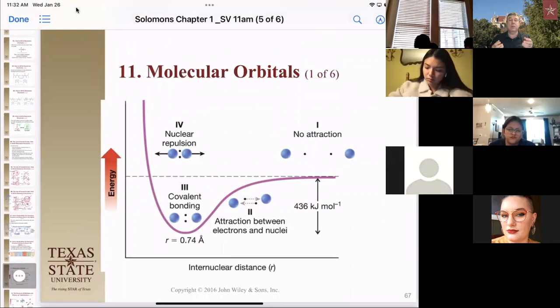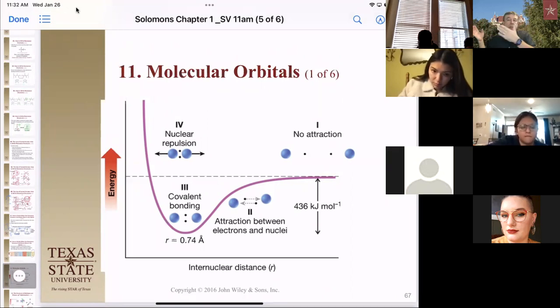Okay, so why do we share electrons to make a covalent bond? Well, the first reason is the difference in electronegativity, right? Neither one is so electronegative that it wants to steal the electron from the other one. So we have that going for us.